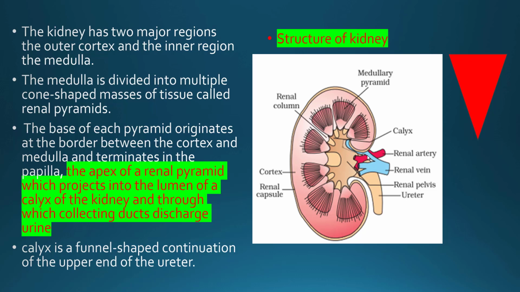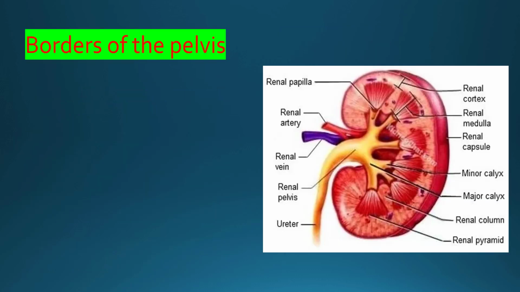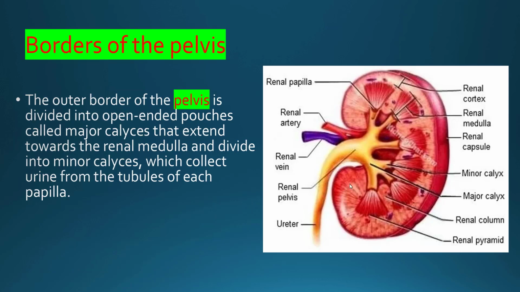A calyx is a funnel-shaped continuation of the upper end of the ureter. The outer border of the pelvis is divided into open-ended pouches called major calyces that extend toward the renal medulla and divide into minor calyces, which collect urine from the tubules of each papilla.